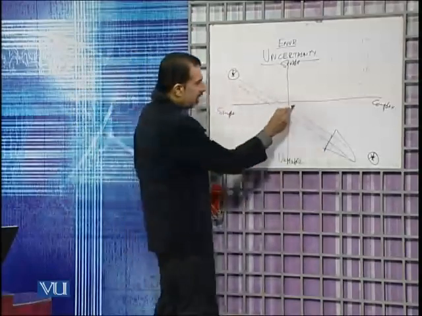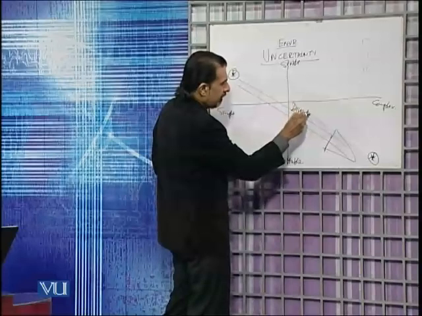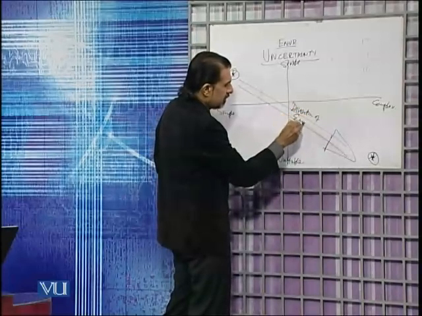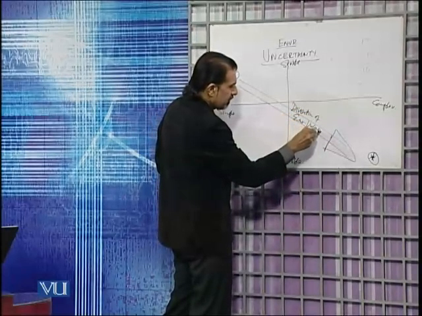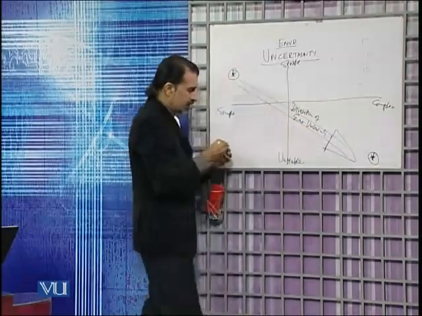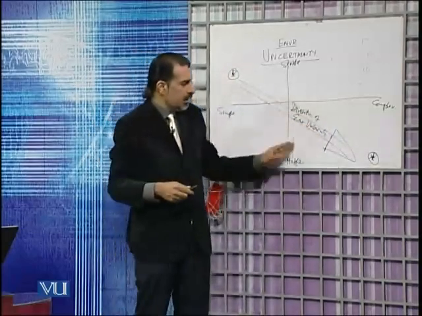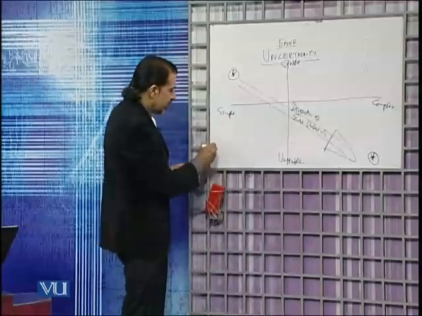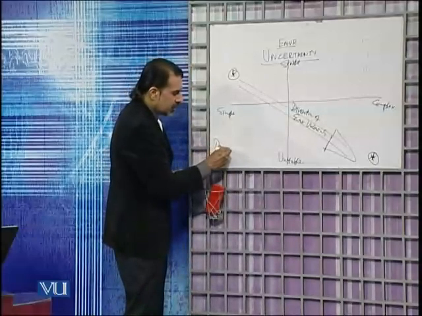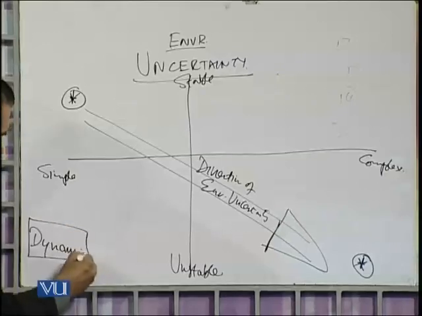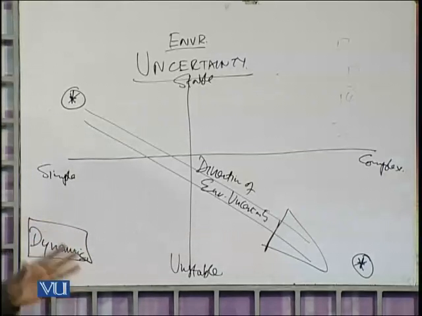So this is the direction of environmental uncertainty, and this type of environment, which is both complex and unstable, is generally referred to as dynamic environment, or simply we can say unstable environment is dynamic environment.